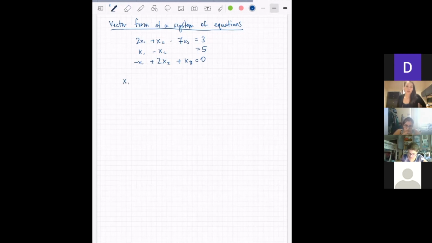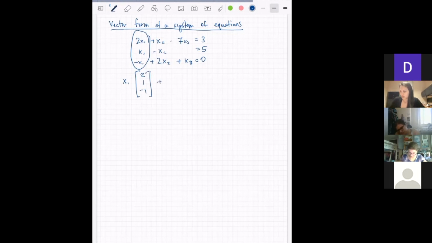for each variable, there's a corresponding vector. And we just take this column, right, that would make up one column of our augmented matrix. And instead we write it as a vector. So it would be 2, 1, minus 1. And then we multiply that by x1, right? That's the variable corresponding to that column.